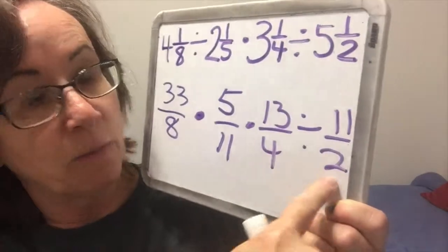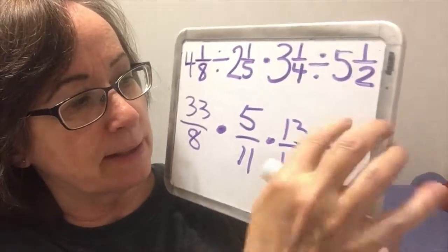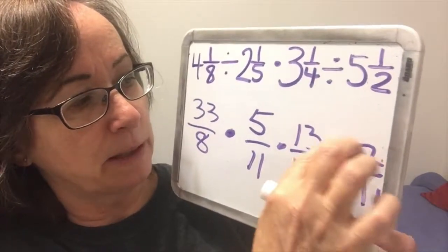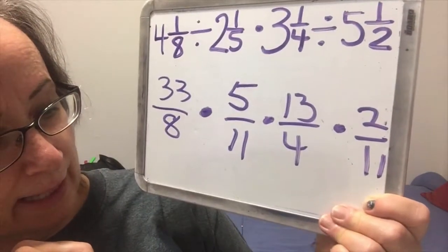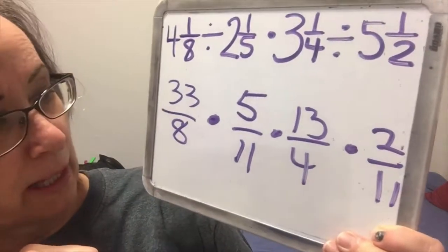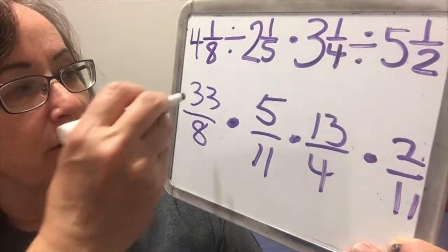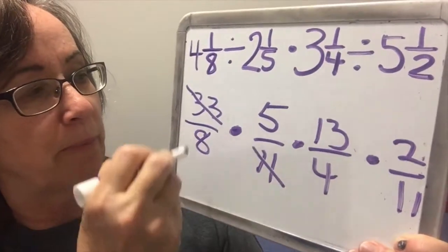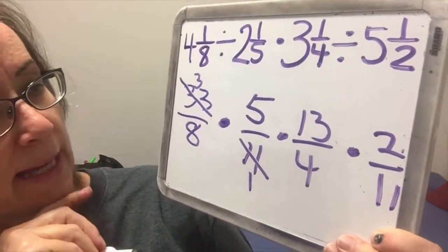And then we're going to flip this last one over and make it 2/11 and turn this into multiplication. And now we're going to look to see if anything will cancel. Okay, so we have a 33 and an 11. 33 and 11 both divide by 11, leaving me with a 3 and a 1.